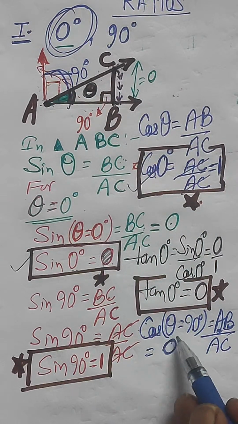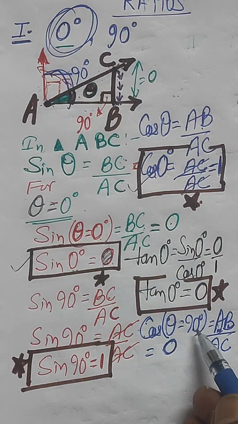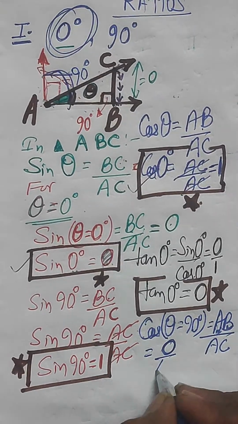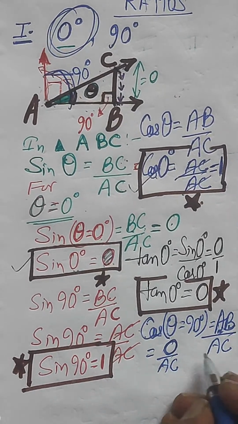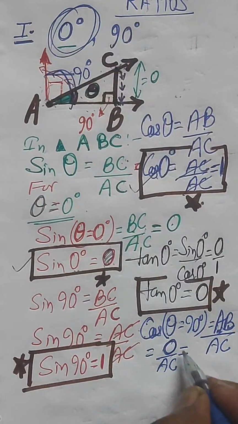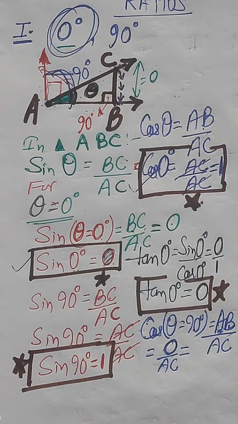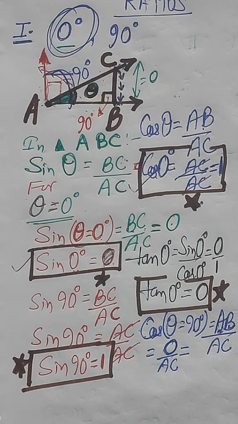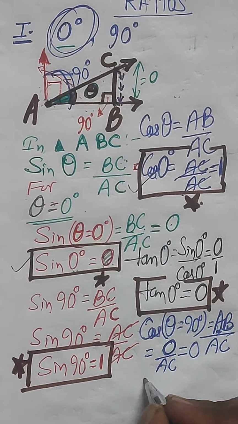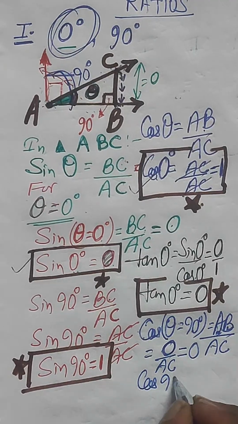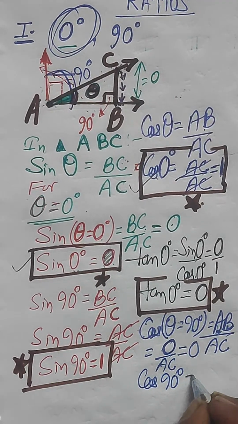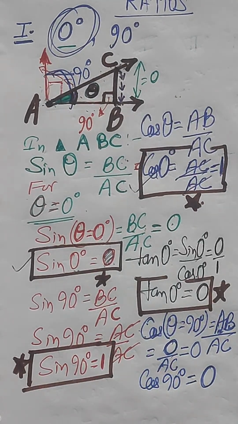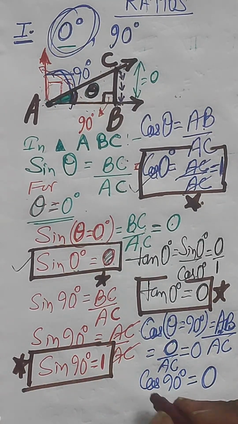And we are going to calculate cos 90 degree, so the numerator will be 0 and in the denominator it will be AC. If you divide 0 by anything, we get the value 0. So we find the value of cos 90 degree as equal to 0.